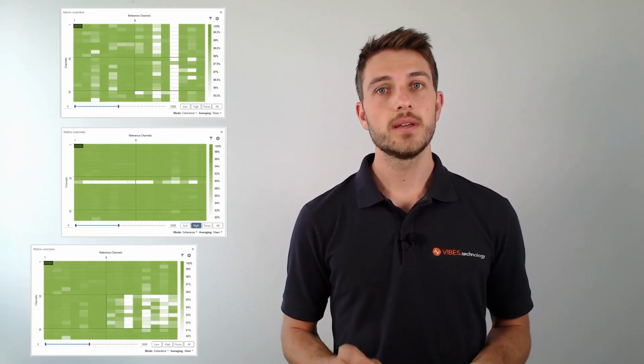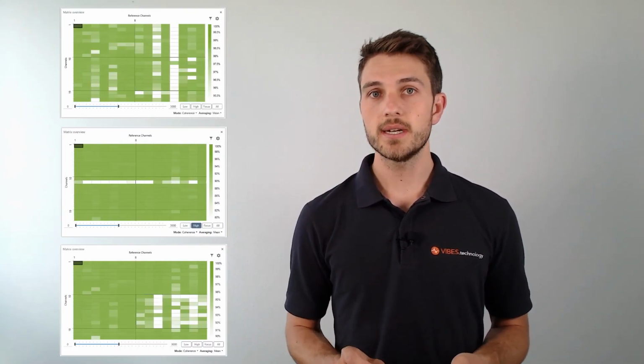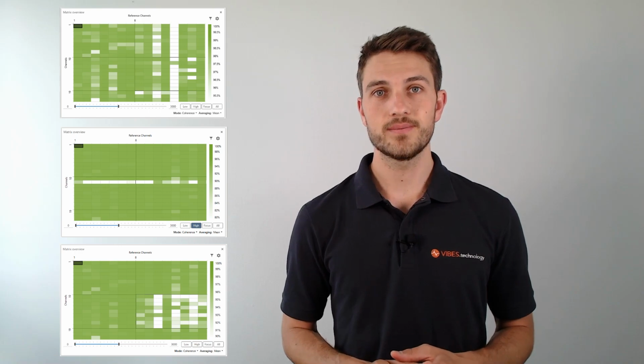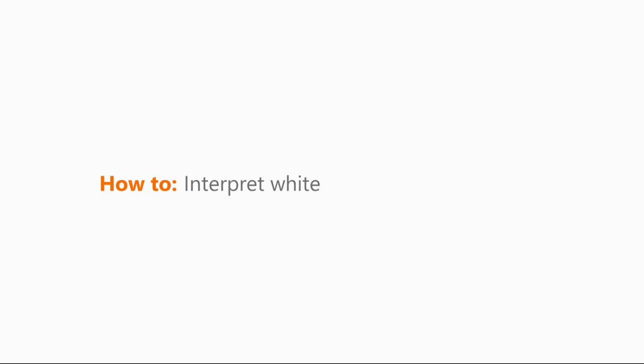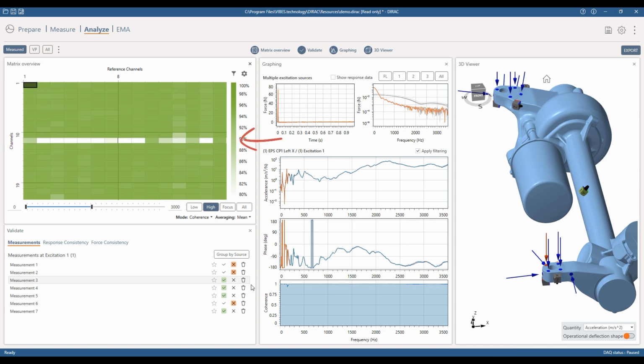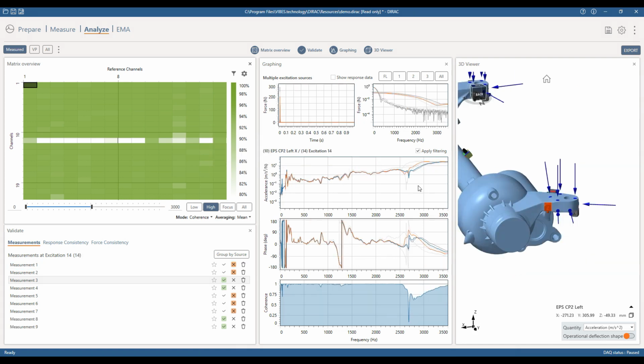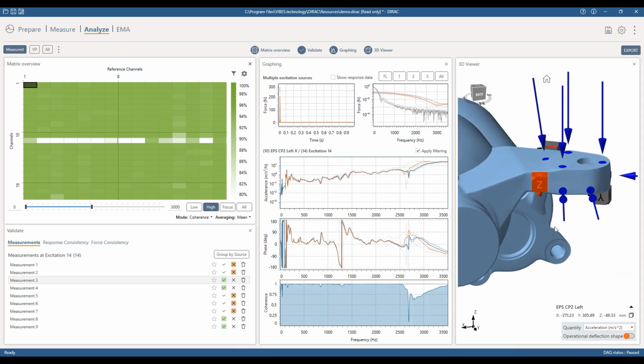However, if there are clear white patterns in the matrix, you have signal problems in the data that you need to react to. If you spot a white row when zooming in, this means that there's a problem with the sensor channel. So identify the sensor and check if there's a broken part in its measurement chain.